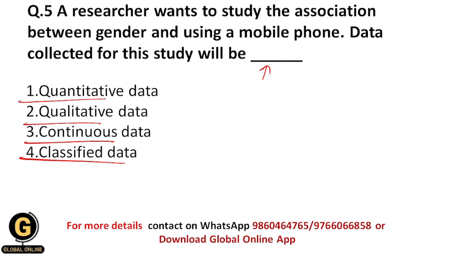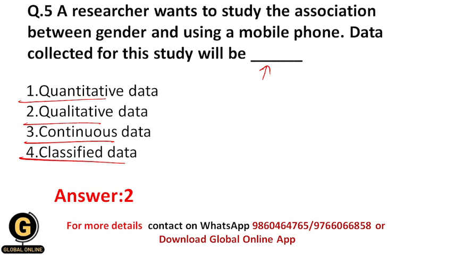But within the qualitative data, we don't give values to the data sets, and here the data is in picture or word format. Over here the researcher will collect the qualitative data, because the researcher wants to understand exactly the association between gender and using a mobile phone.